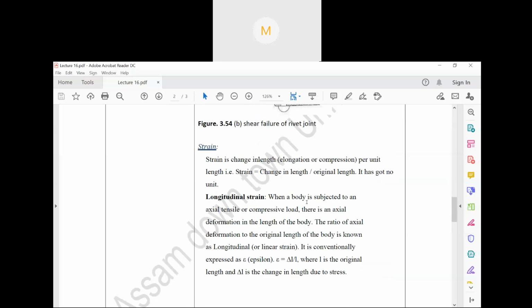Now strain. We'll go to the next topic. Strain means what? Stress is what? Force per unit area. Yes or no? You know, stress is force per unit area. Now strain. There is another term called strain.